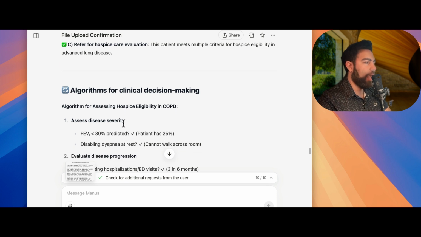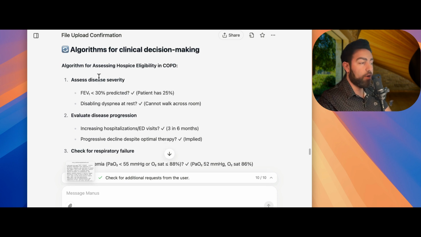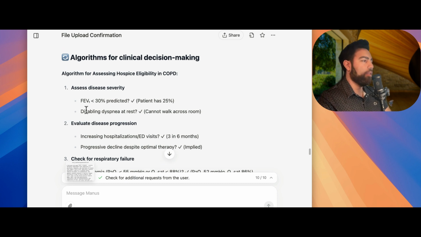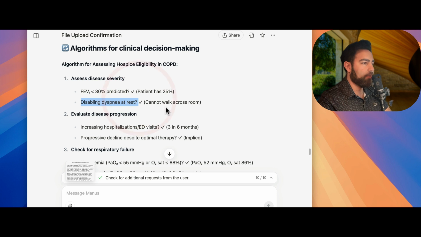Now let's go through the algorithm. Whenever you see a question on COPD, first you need to always decide how severe this disease is. And what you need to know, the magic number, is the FEV1 less than 30%? This should ring some bells in your head, thinking about the COPD being very severe. Then see how functionally declined this patient is.